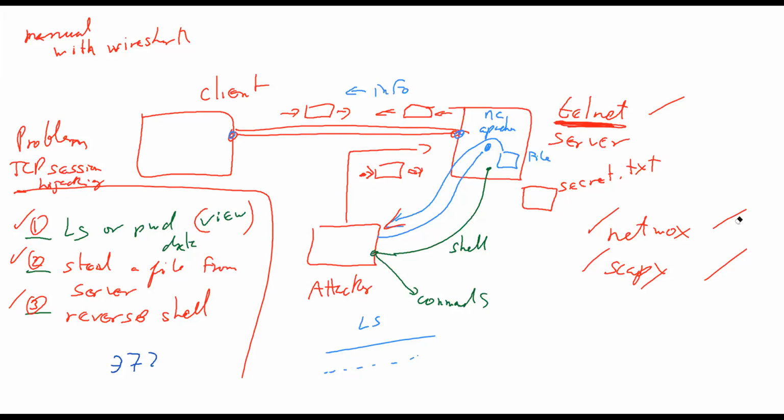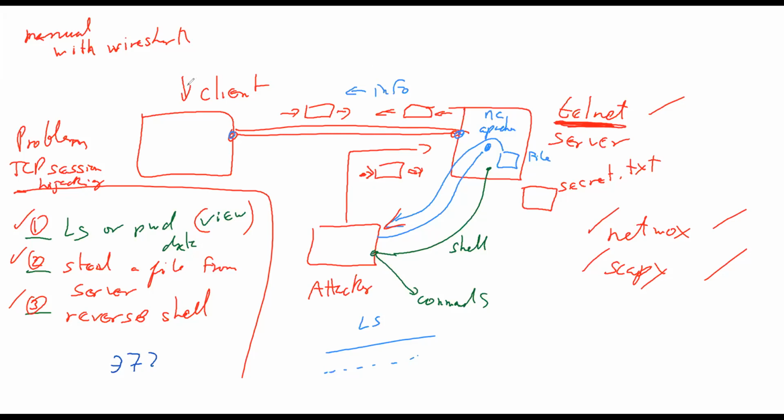And then the other thing is, I just want you to do these three things. I want you to send an ls and view it. Obviously, you can only view it on the client, right? You can't view it anywhere else. That one is impossible. But the other two, stealing the file and a reverse shell, you could do directly for the attacker. I just showed how, right?